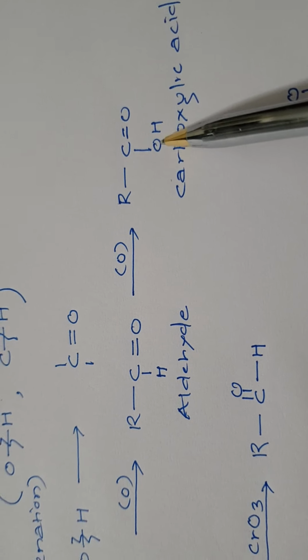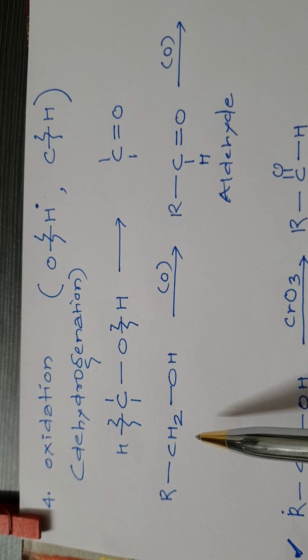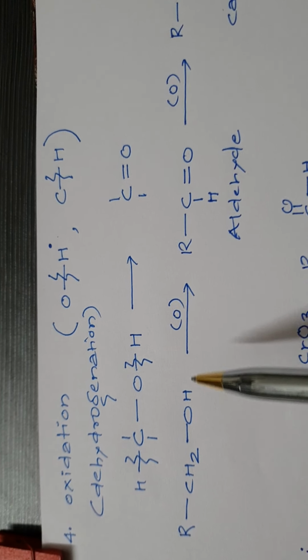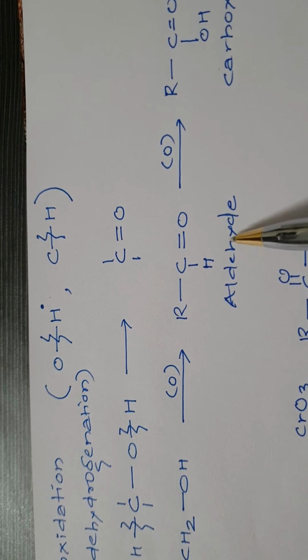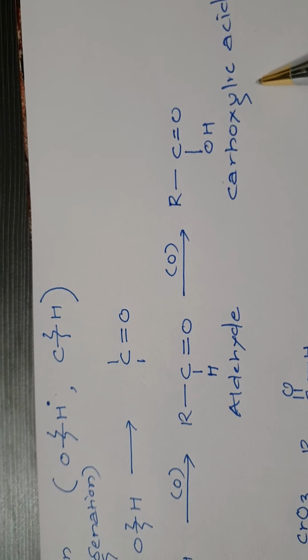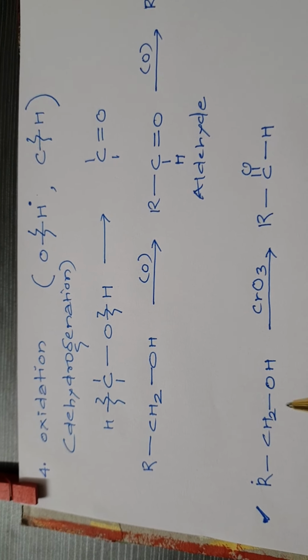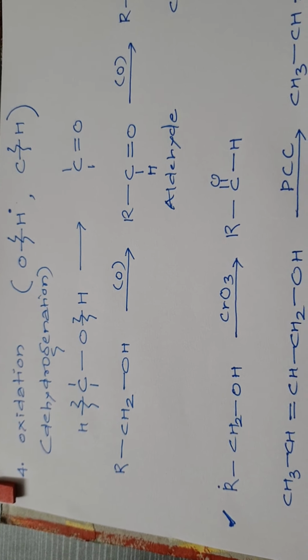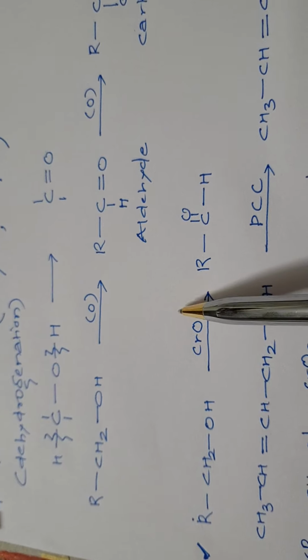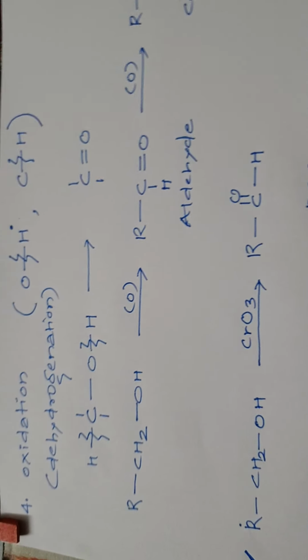So, what we find is primary alcohol on oxidation gives you aldehyde, which further on oxidation gives you carboxylic acid. Similarly, I will have a few examples showcasing this, also mentioning the different types of oxidizing agents that we can use.